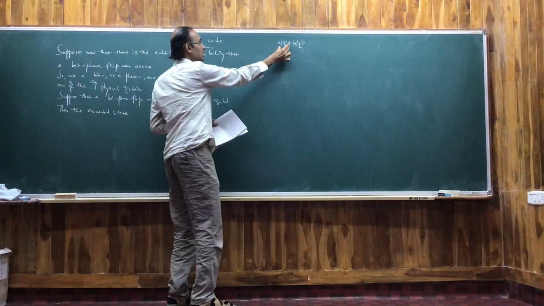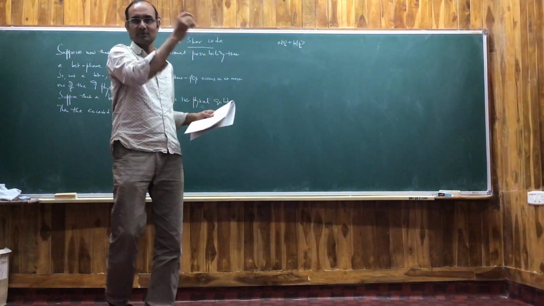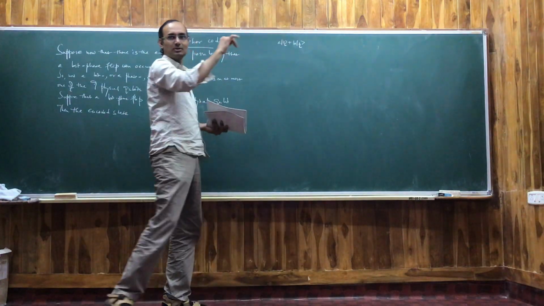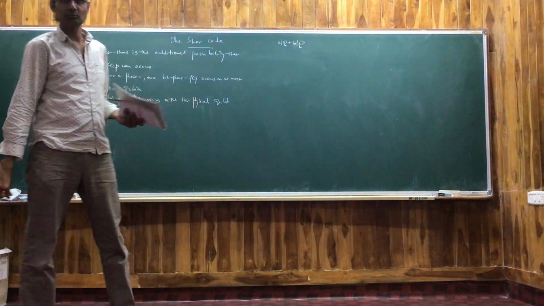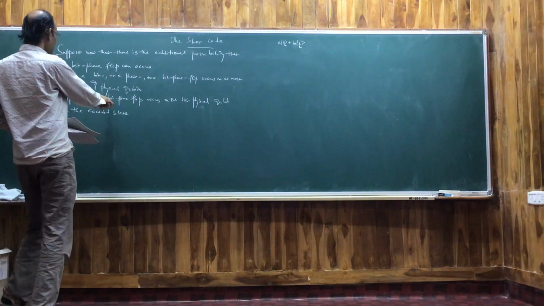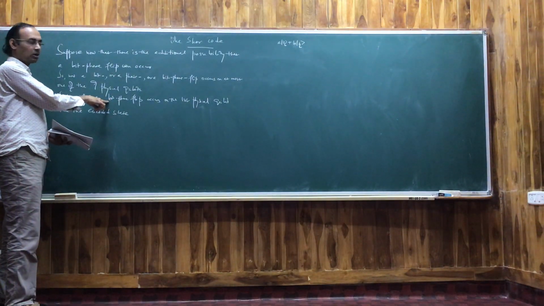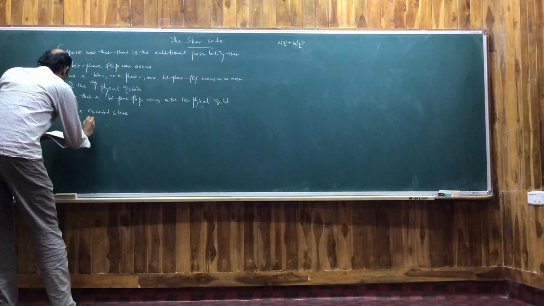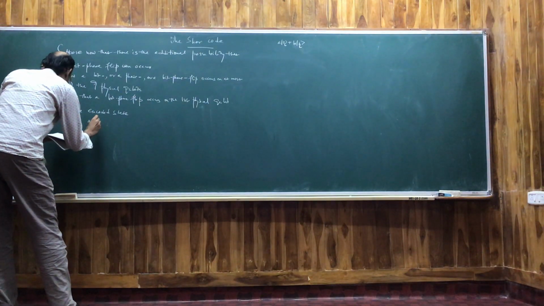Where this one is 3 GHZs with the plus sign, and this one is 3 GHZs with the minus sign, yes? This is the encoded qubit. A bit phase flip has occurred on the first physical qubit. So what you get is an A.